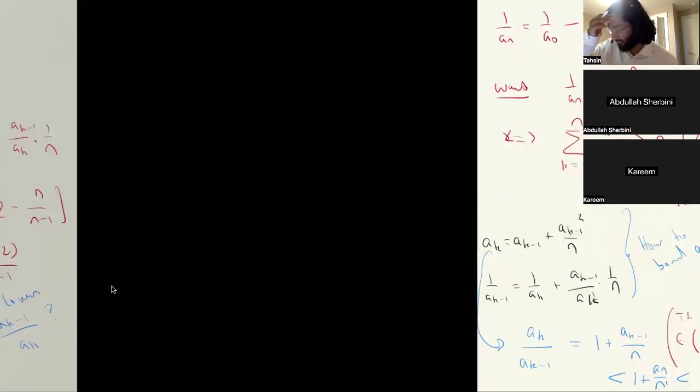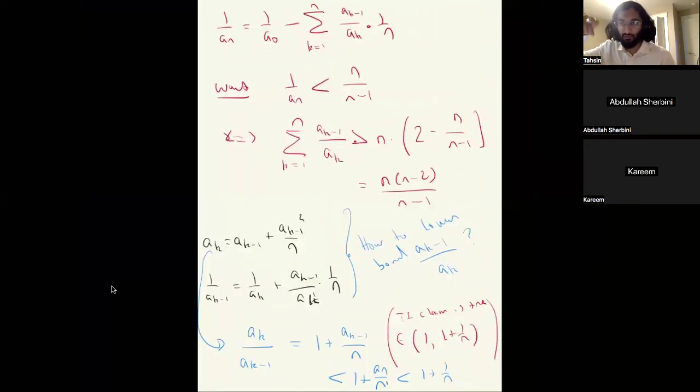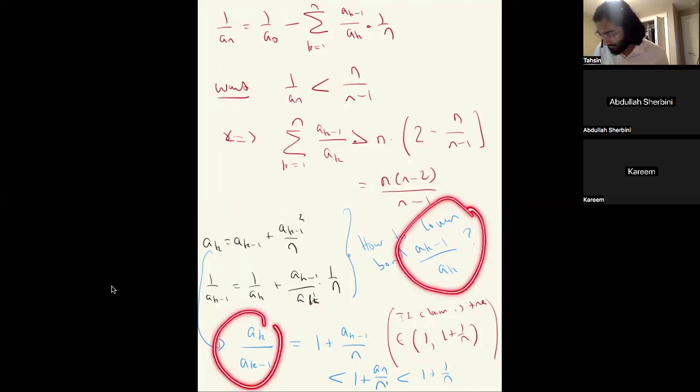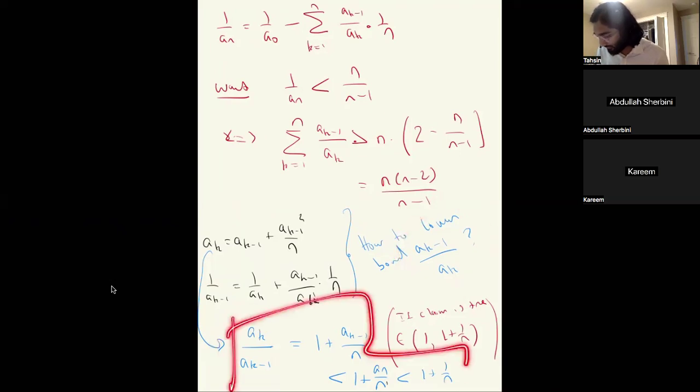Does it make sense what I'm saying? So you can use the upper bound now to prove the lower bound. I'm claiming that we can get a lower bound for this by getting an upper bound for this, and the upper bound is exactly this.